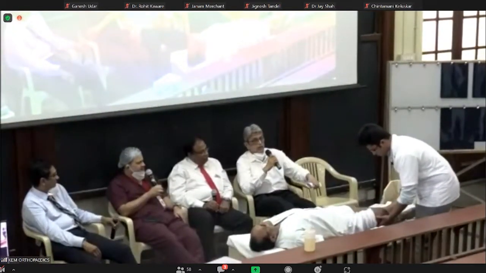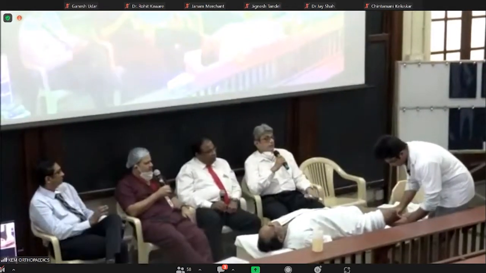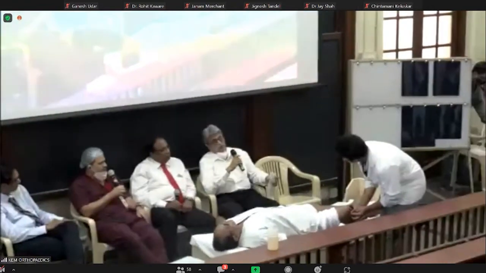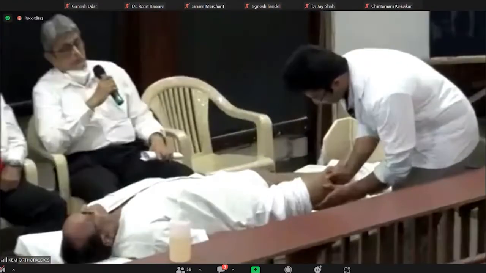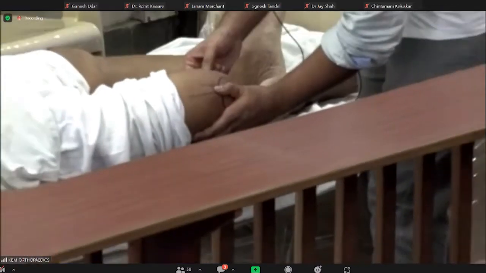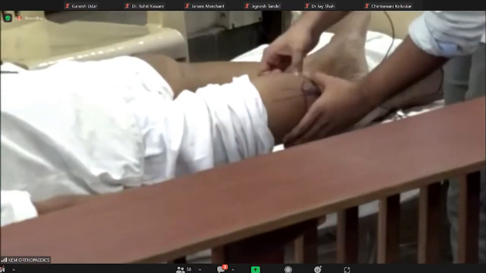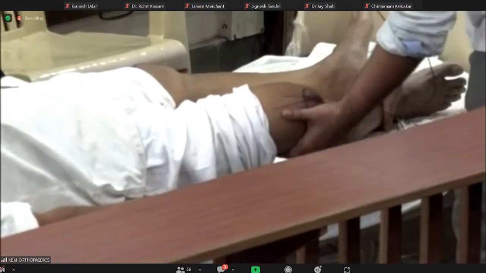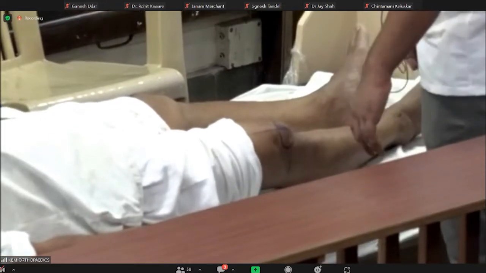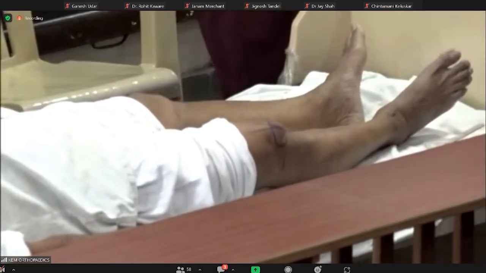Now palpate the inferior pole of the patella. Where is the inferior pole of the patella? Yes. Now go medially. Palpate medially and posteromedially. Deep palpation. You are not palpating strongly enough. Also palpate the femoral condyles.